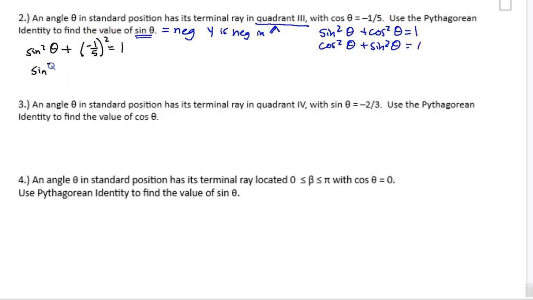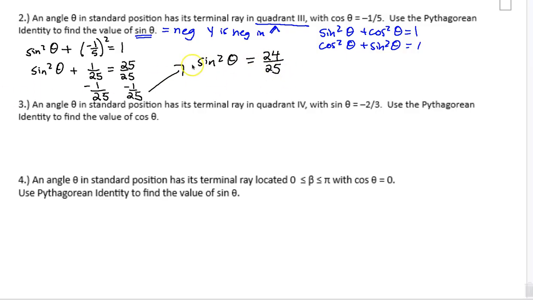I've got sine squared theta plus 1 over 25. I'm immediately going to write this as 25 over 25 because that way when I subtract the 1 over 25, it's nice. I have common denominators. So this leaves me with sine squared theta equals 24 over 25.